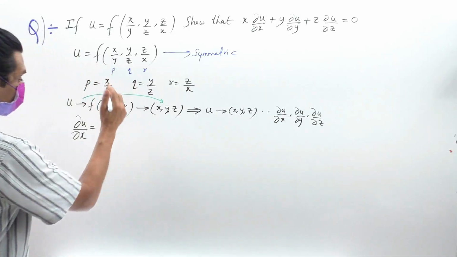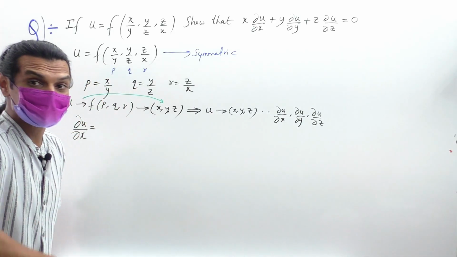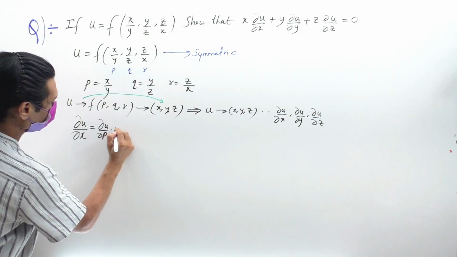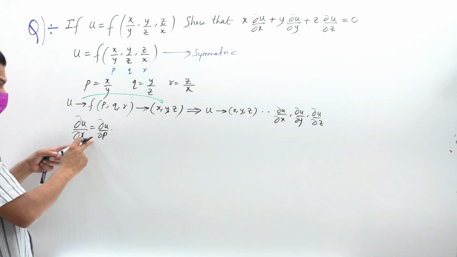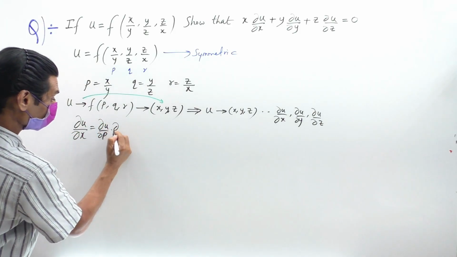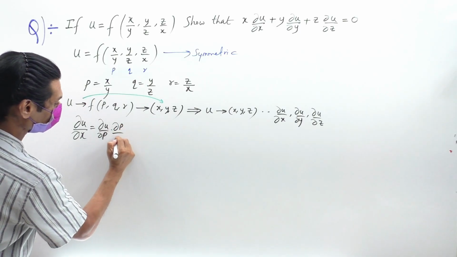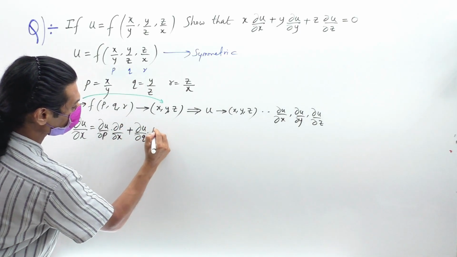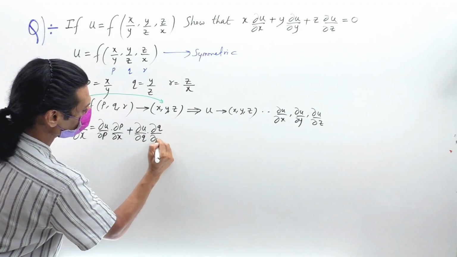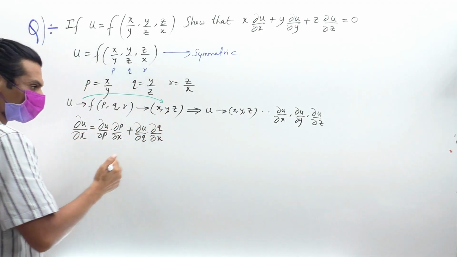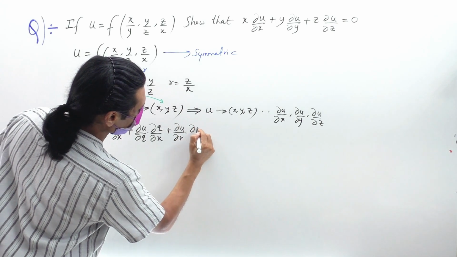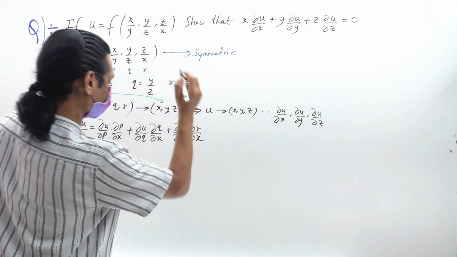So let's find dou u by dou x, with respect to the three P, Q, R. It is dou u by dou p into dou p by dou x, plus dou u by dou q into dou q by dou x, plus dou u by dou r into dou r by dou x.